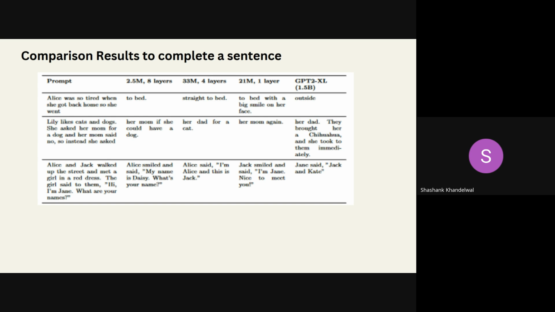But the more interesting fact is that within the limited data set, it learns the grammar well, because we have fed data of that quality that it covers most of the things. So again, it's a curated thing.